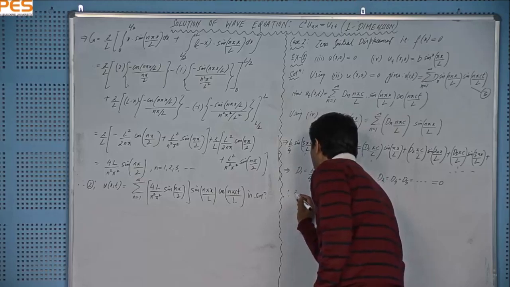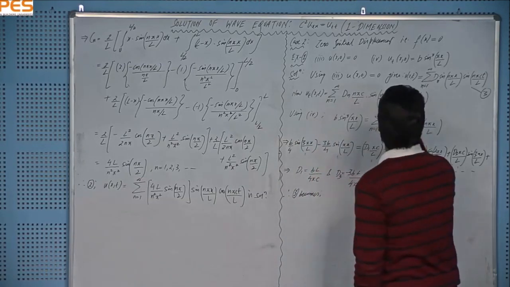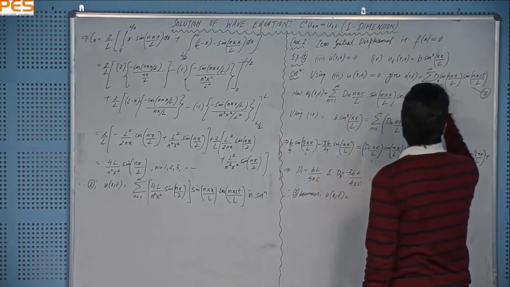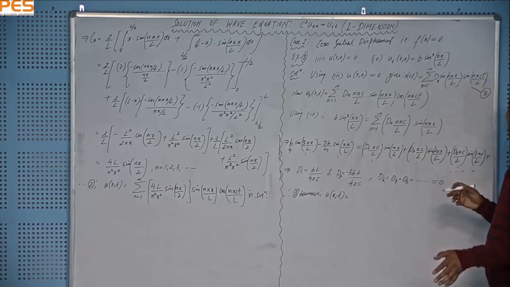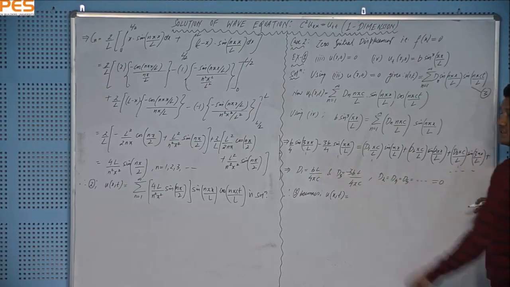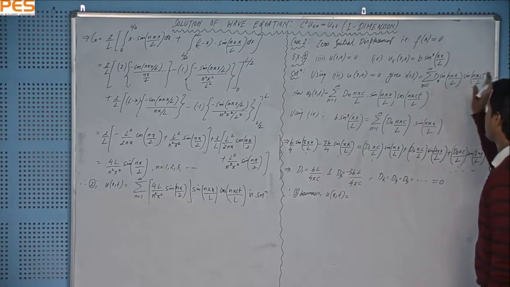Therefore, this third becomes my final solution, and u(x,t) equals the summation, but you know that only two terms will be there, d1 and d3, so all other terms will be 0, so no need to write the summation now. You should write the first and the third term.